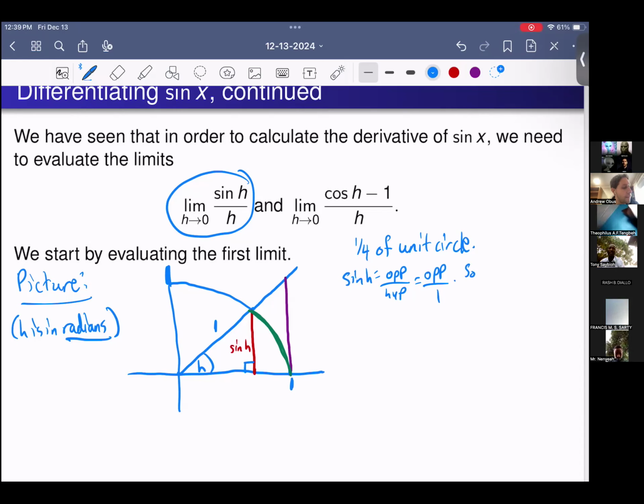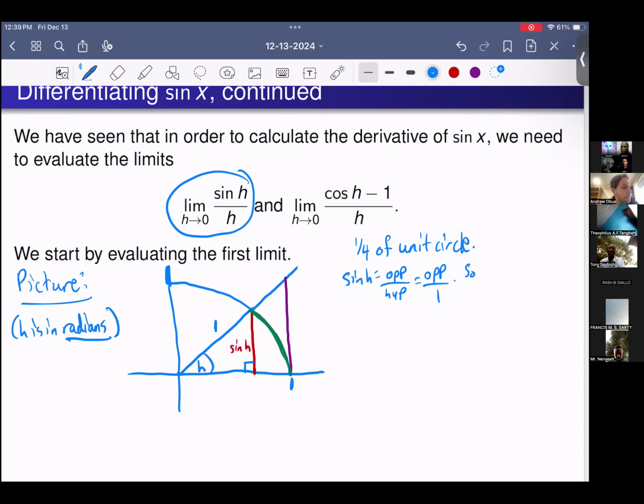And if you remember what a radian is, a radian tells you the arc length divided by the radius. Radian measure equals arc length divided by radius. That's exactly what a radian is, that's the definition of the radian. In this case, the radius is just 1 because it's a unit circle, so it's arc length over 1.